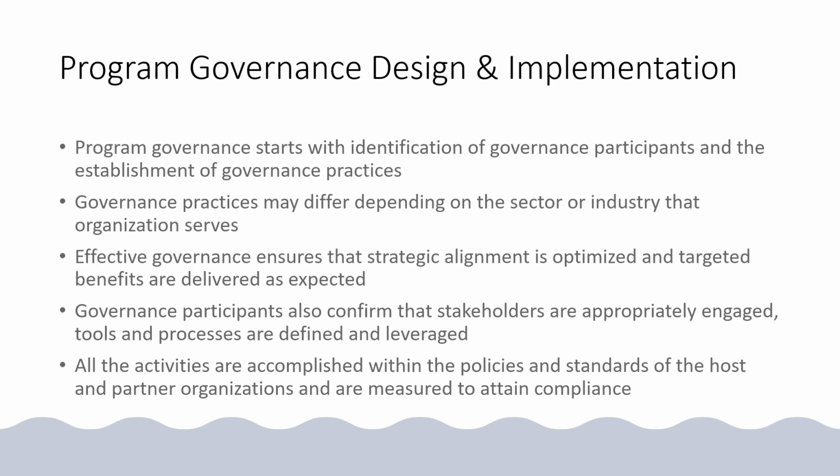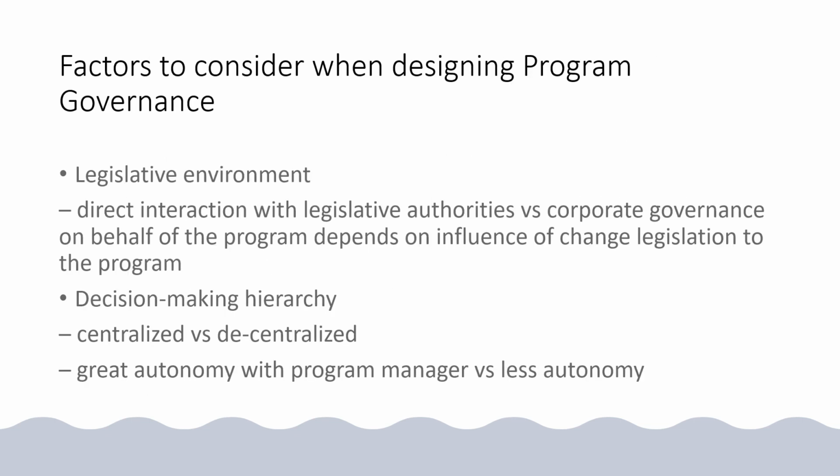The governance participants also confirm that stakeholders are appropriately engaged, and tools and processes are defined and leveraged. So all the activities are accomplished within the policies and standards of host and partner organizations and are measured to attain compliance.